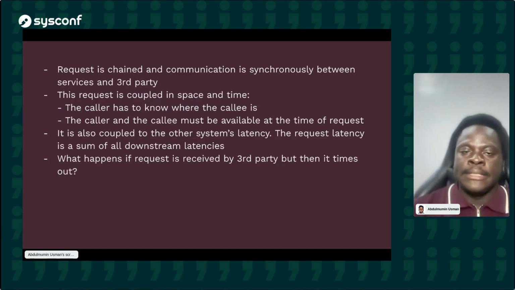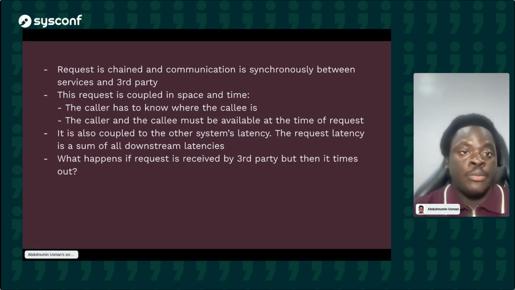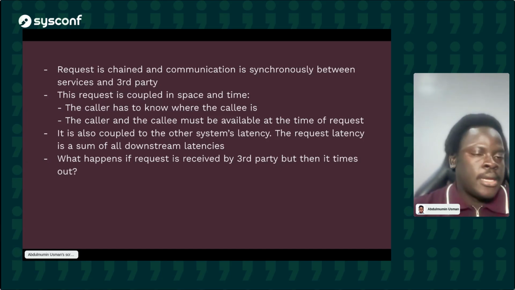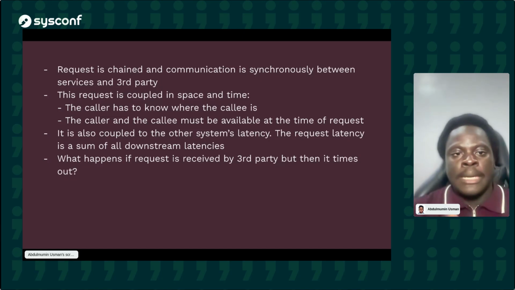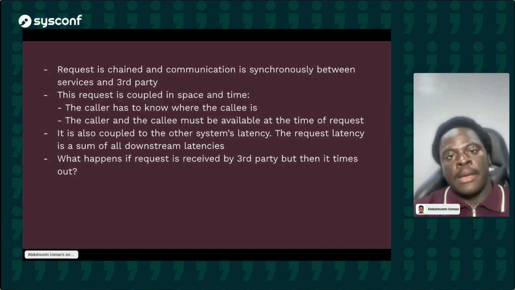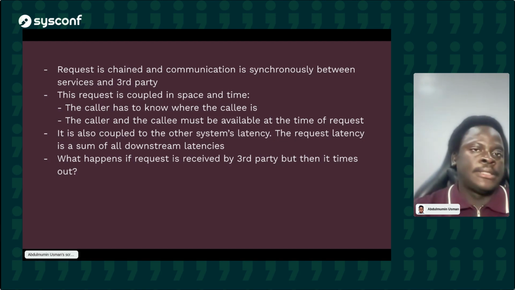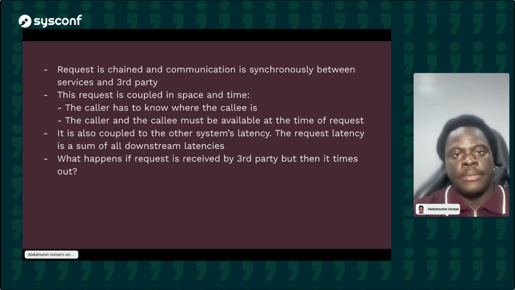So the latency of the services themselves, the latency of the third party which you do not control. Then what happens if the request is received by the third party, but then it just times out in between or so.